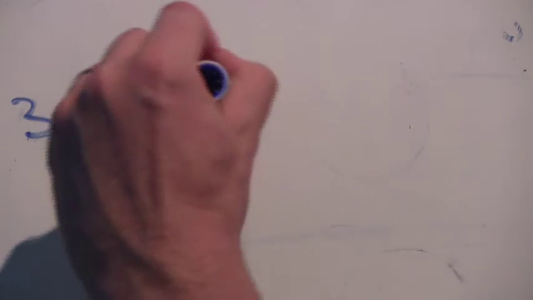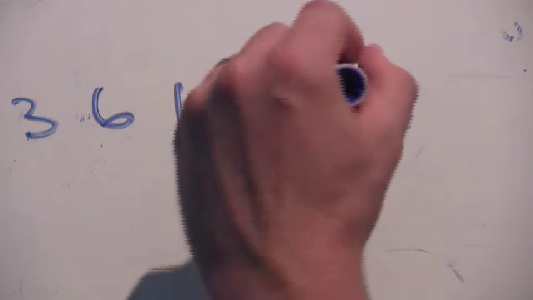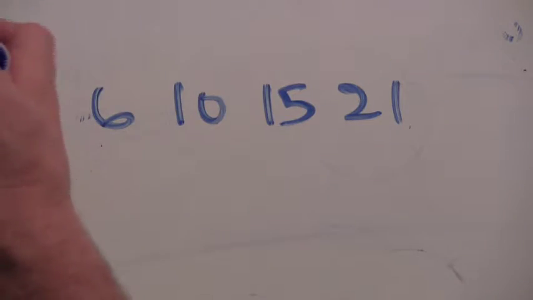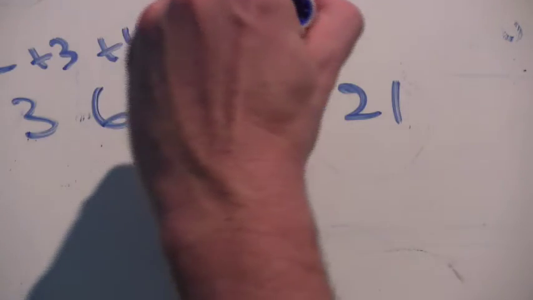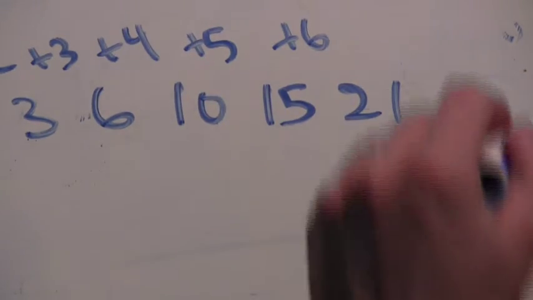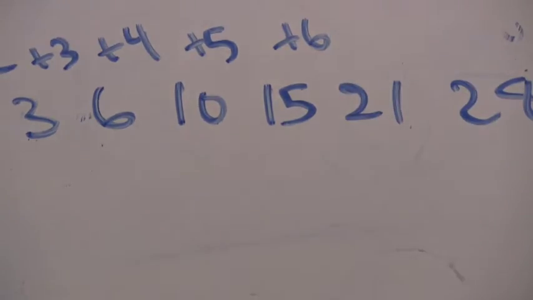Okay, so the triangular numbers are 1, 3, 6, 10, 15, 21. So we're going plus 2, plus 3, plus 4, plus 5, plus 6, and then 28, 36. That's a choice.